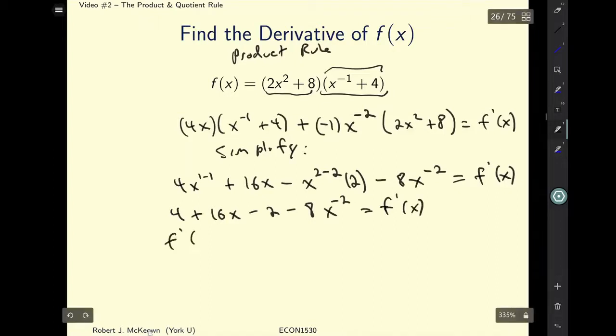And then I'm left with f prime of x is equal to, well, I'll write it as 16x plus 2 minus 8x to the power of negative 2. And if I wanted to, I could factor out a 2 here, and then I'm left with 2 times 8x plus 1 minus 4x to the negative 2.